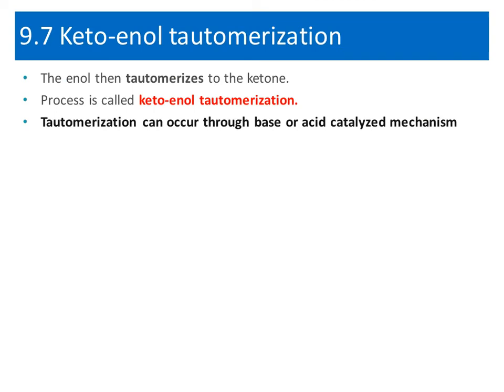Now, how does tautomerization happen? This happens in acidic or basic conditions, so you cannot isolate an enol. Generally, as soon as the enol forms, it will convert to the ketone. Now, let's look at the acid catalyzed tautomerization.